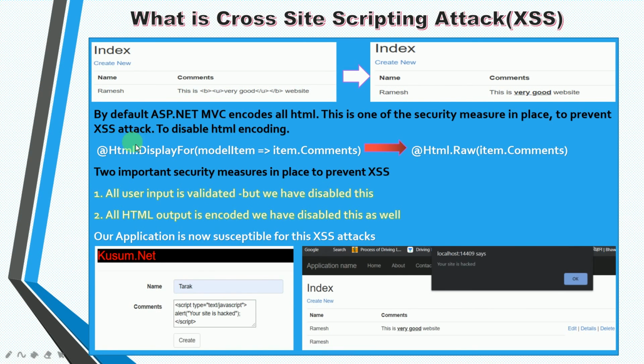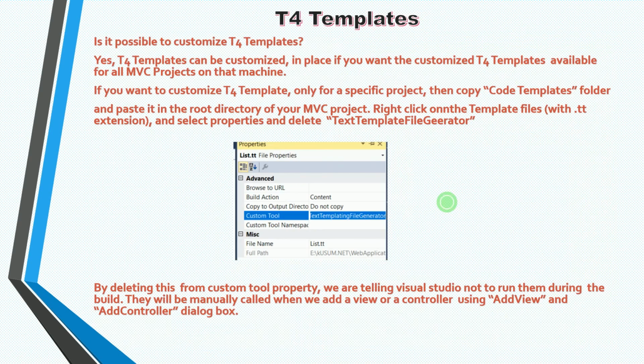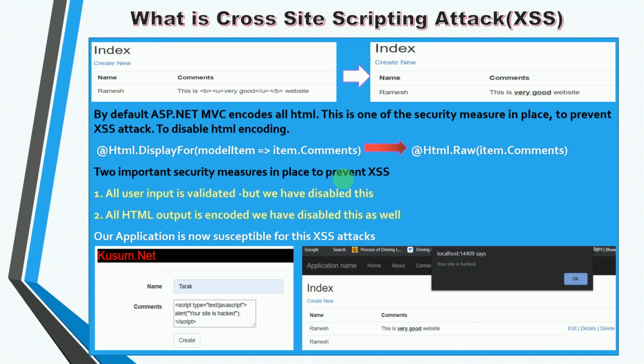By default, ASP.NET MVC encodes all HTML. This is one of the security measures in place to prevent XSS attacks. To disable HTML encoding, meaning to disable this script tag of the saved text, you will use this Html.Raw. There are two important security measures in place to prevent XSS. All user input is validated, but we have disabled this, meaning input validate equal to false, and all HTML output is encoded.